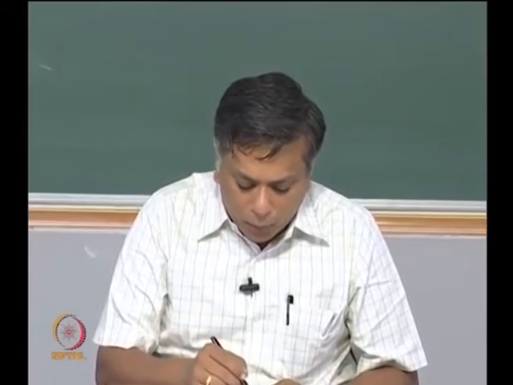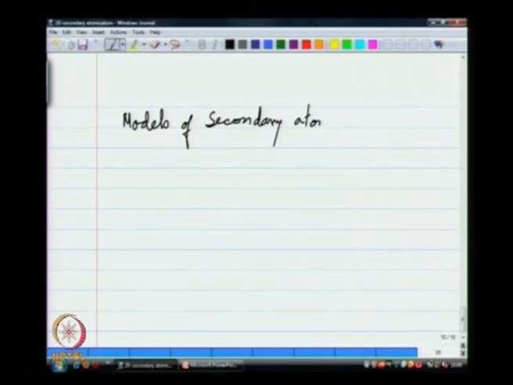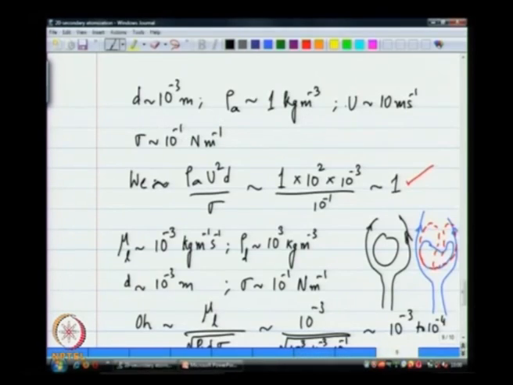I will take one or two very trivial examples and then lead into something that is probably more applicable to a real situation. The simplest model is what is called a Taylor analogy breakup model. I can only start talking of modeling this process after I know what the physics looks like.